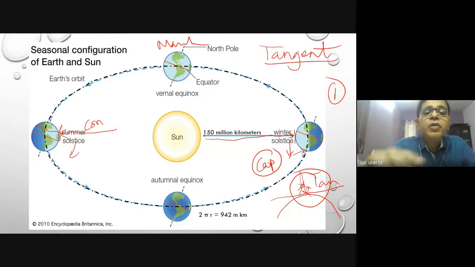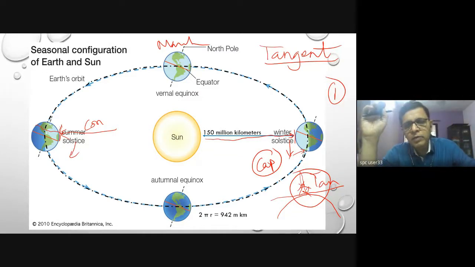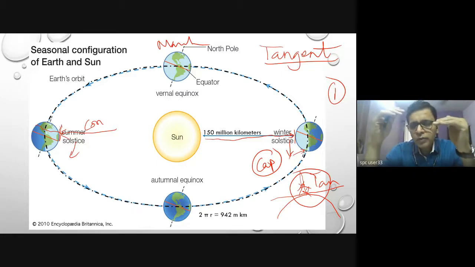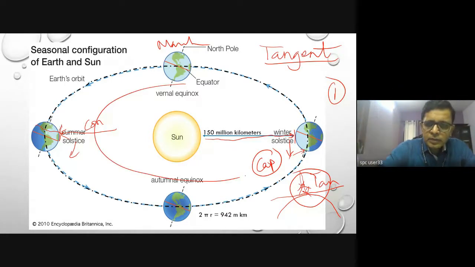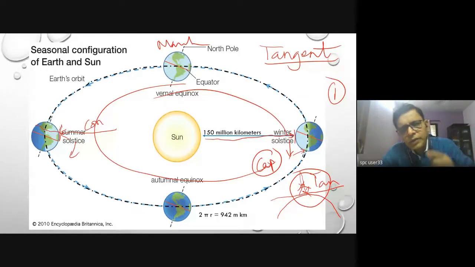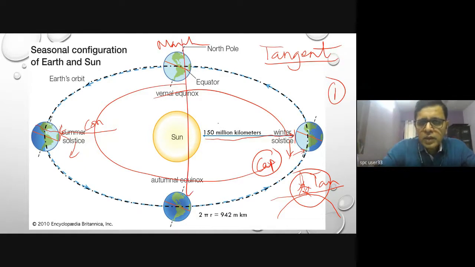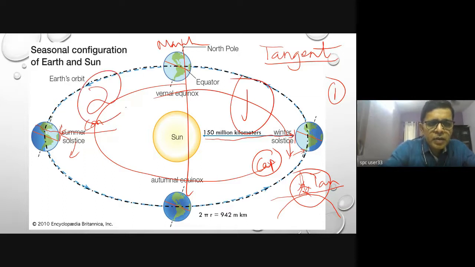So all those geographical locations beyond these tropics will not get that. And the speed at which the Earth is traveling around the sun gives them a time of 1 day only. But these points between these two come under the direct rays of the sun twice, once in this half and once in this half.